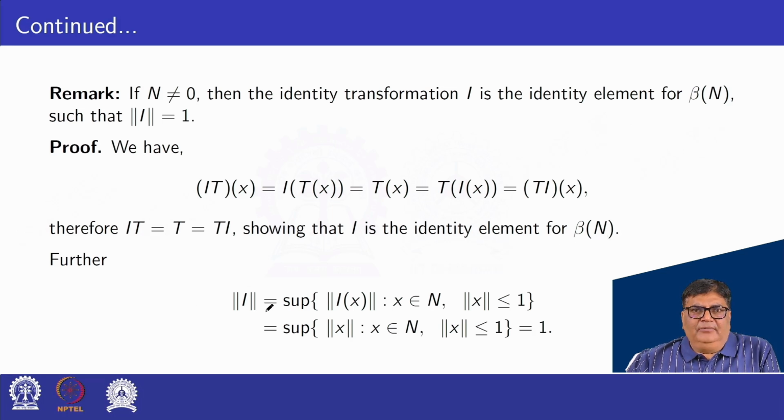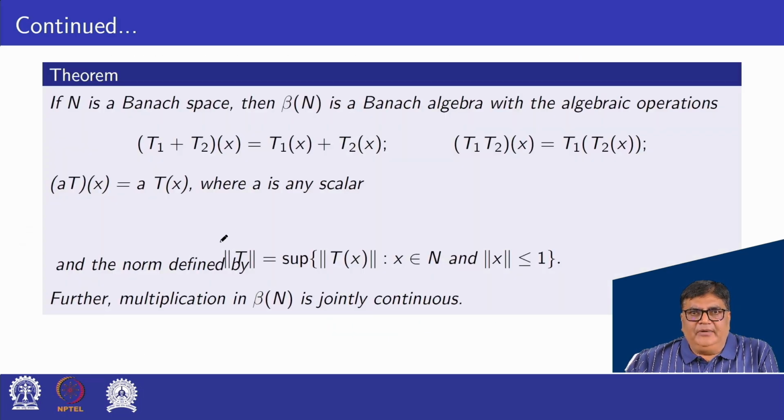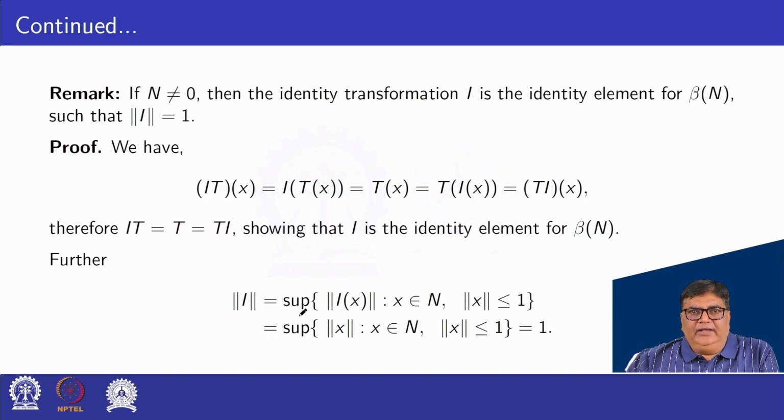Further, norm I is equal to the supremum of norm Ix, because norm T is equal to the supremum of norm Tx such that x belonging to N and norm x less or equal to 1. So here T is I. So norm I is equal to the supremum of norm Ix such that x belongs to N, norm x less or equal to 1.